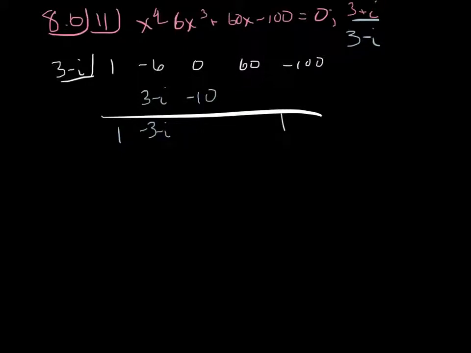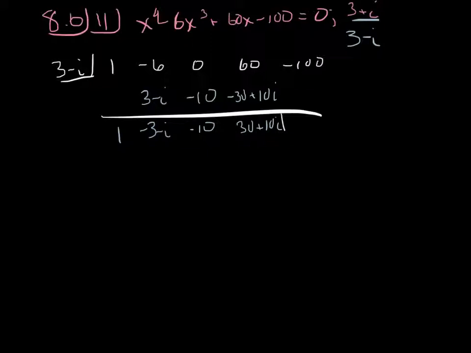And so I get negative 10 there. And then 3 minus i times negative 10 is negative 30 plus 10i. Okay, that's negative 30 plus 10i. And then add 60, that gives me 30 plus 10i.